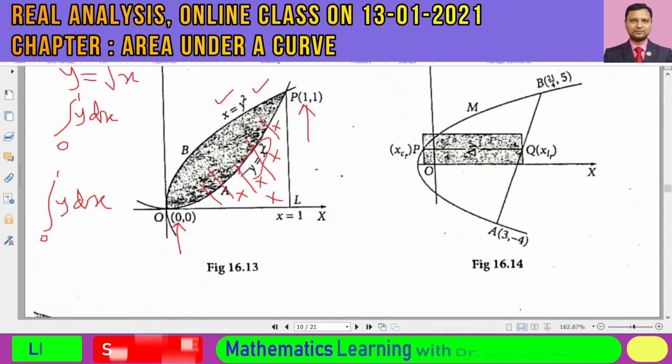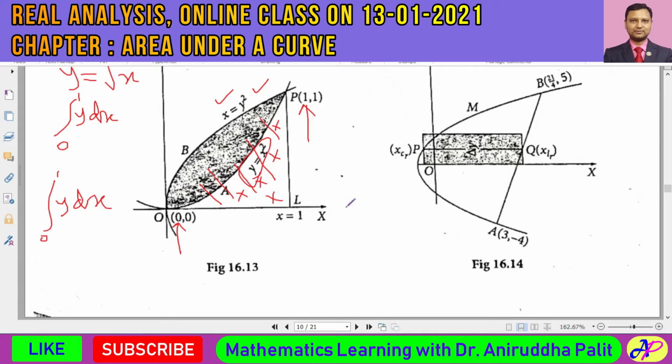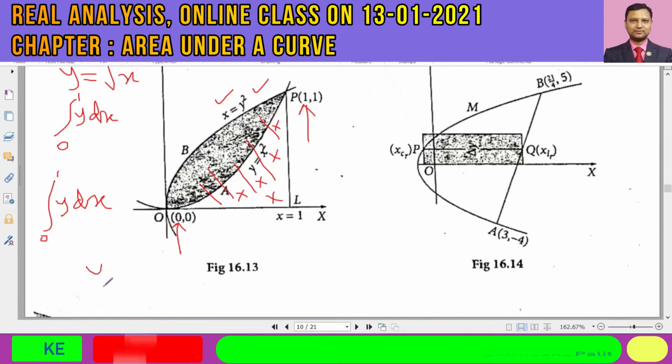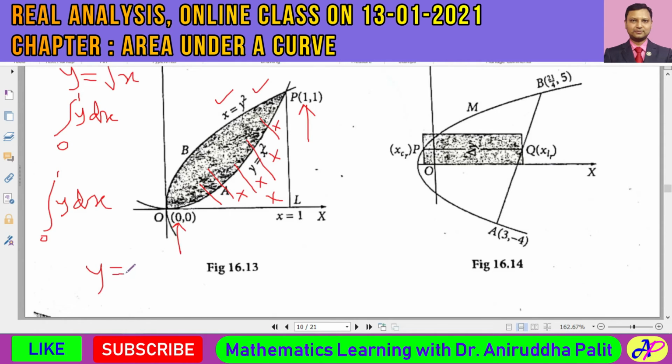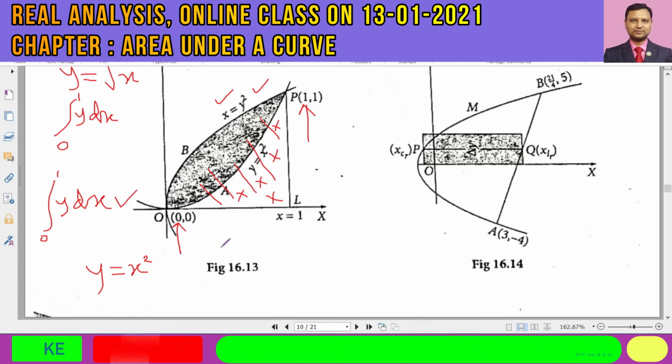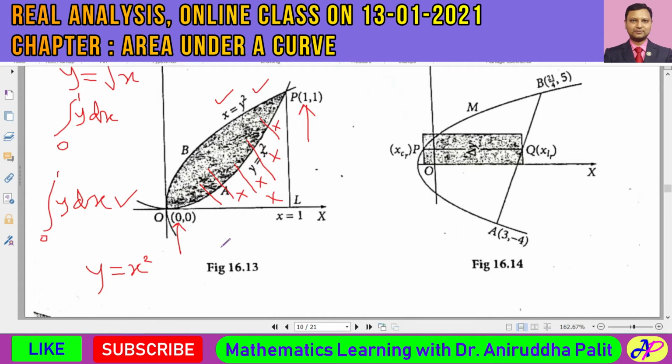So you put y equal to x square, and you will be able to find out the area which is to be removed.